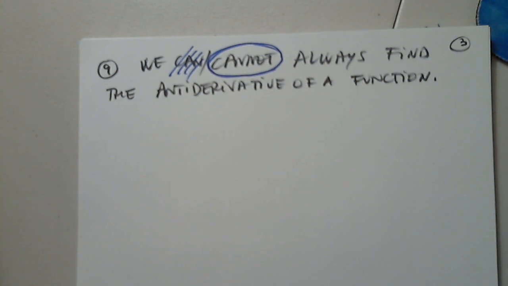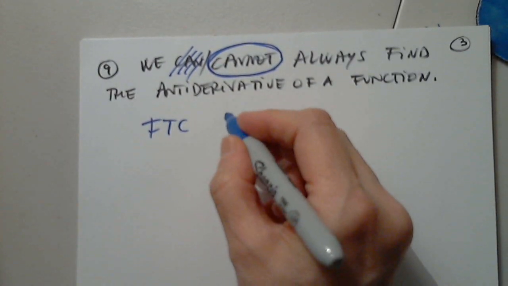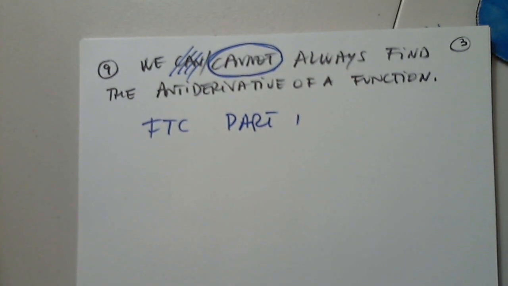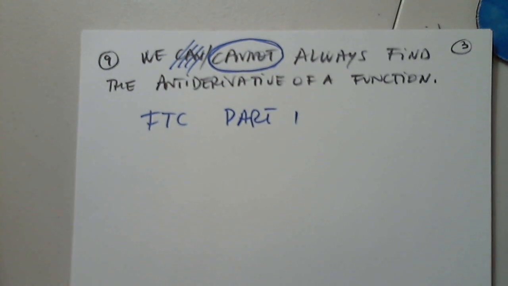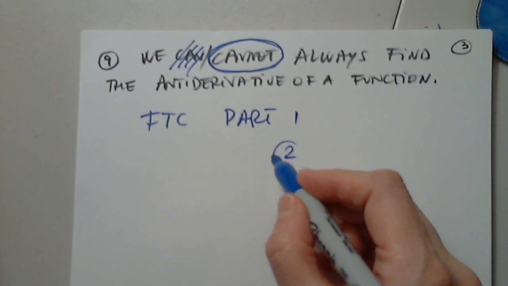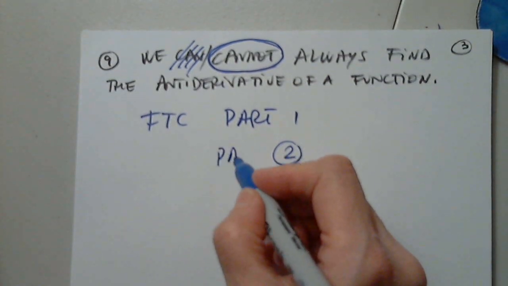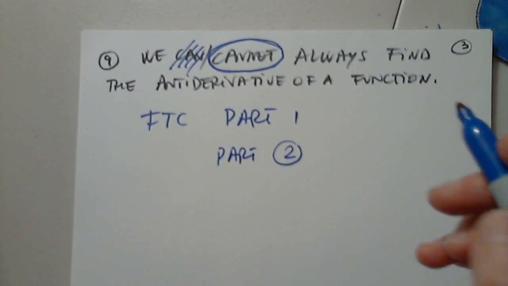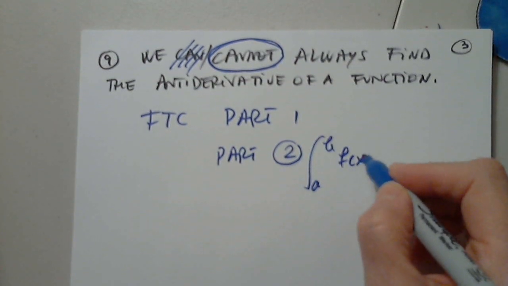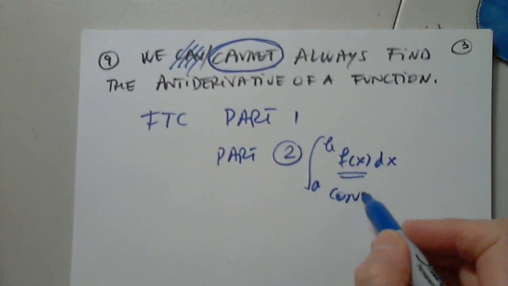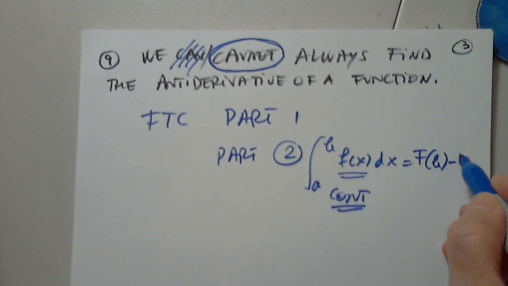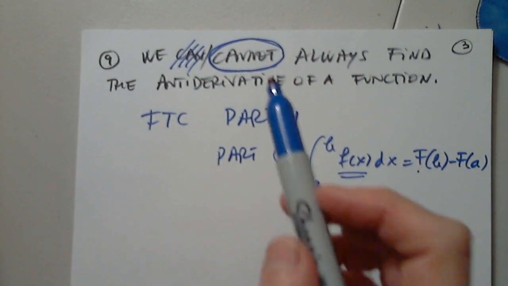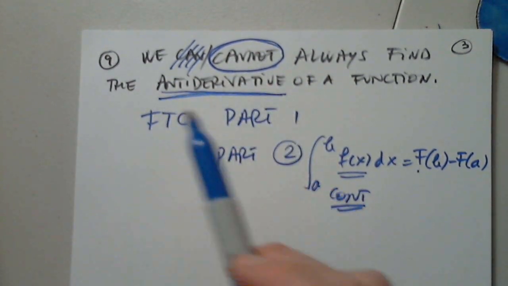Now, going back, I would like to talk about Fundamental Theorem of Calculus Part 1. We looked at FTC Part 2: the integral from a to b of f of x dx for a continuous function on the given interval equals F of b minus F of a, where F is the antiderivative.